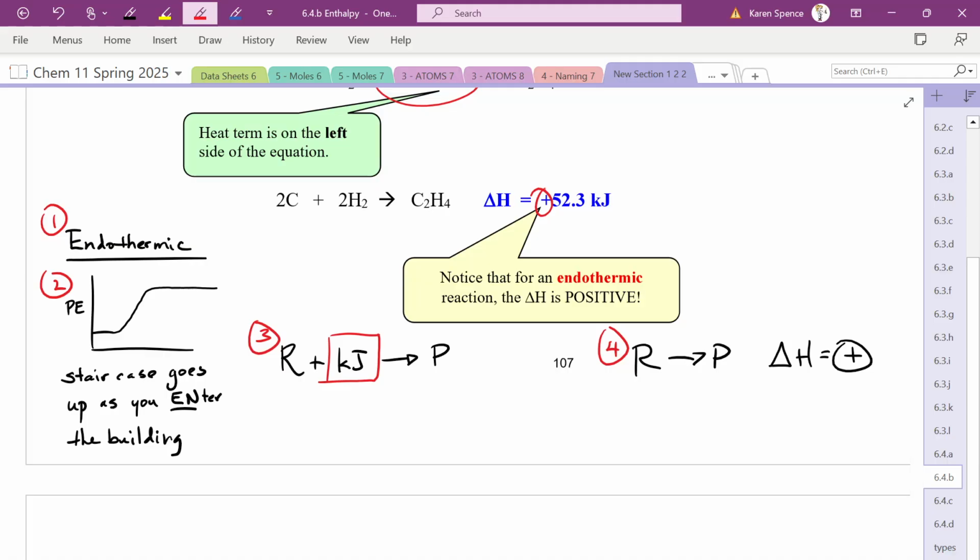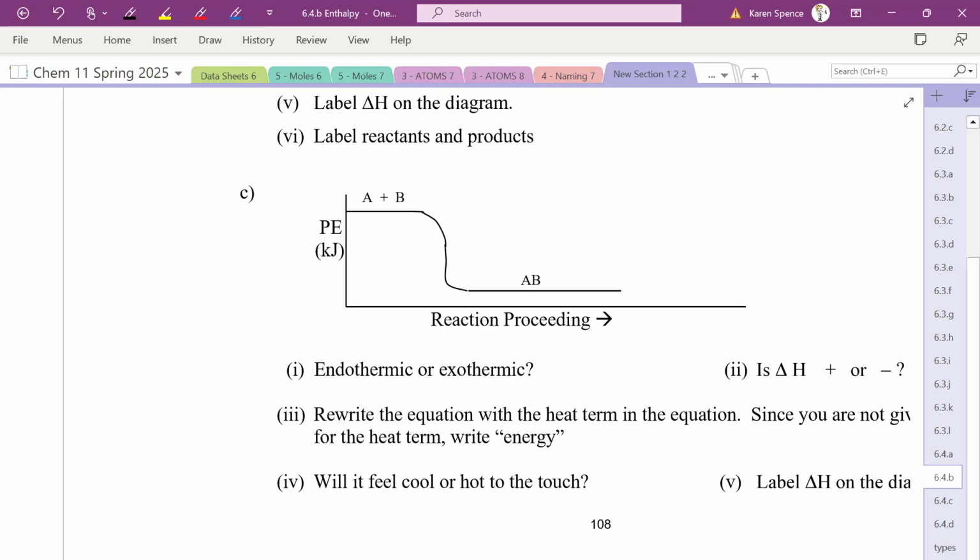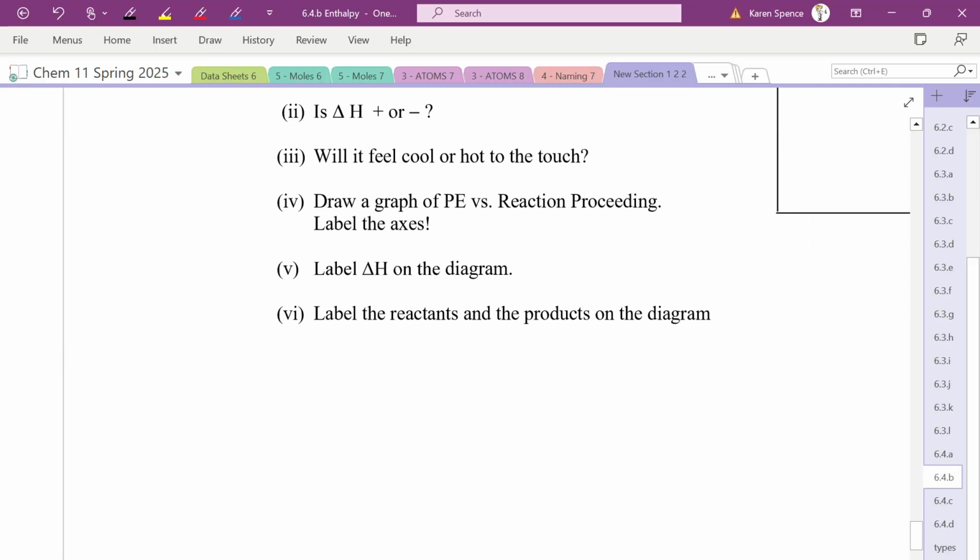Okay, so you have a little bit of practice here on these ones on pages 108, 109.